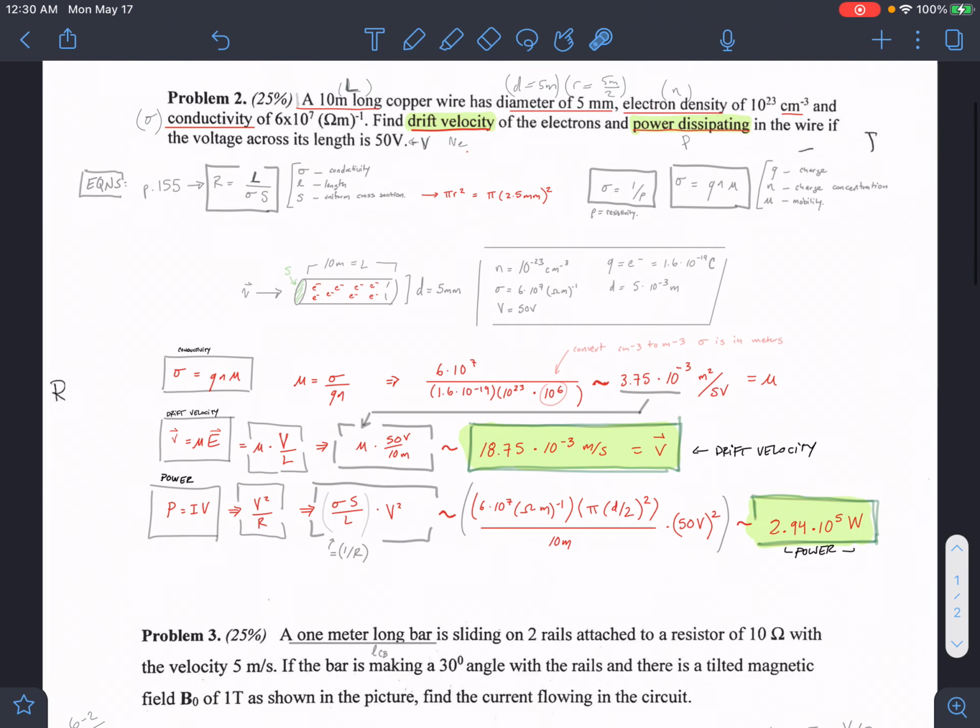So this problem is not super complicated conceptually, but there is a lot here in terms of electron density. What value is that, right? Conductivity, where does that come from? You might be given resistivity, and that has a relationship to conductivity.